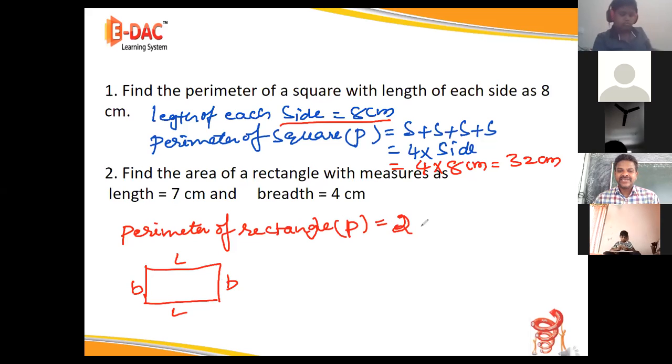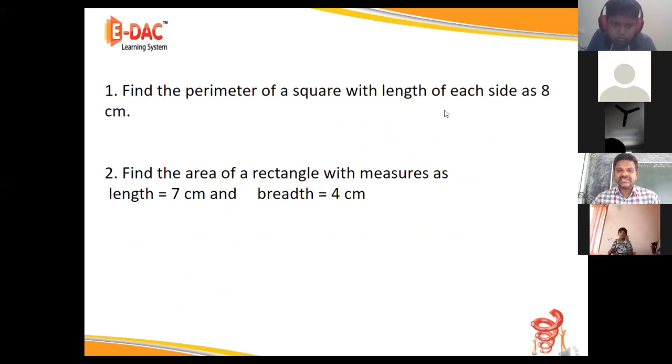So you just write 2 L's plus 2 B's. 2 L's and 2 B's. How many L's? Perimeter P equals 7 centimeters plus 7 centimeters and breadth.